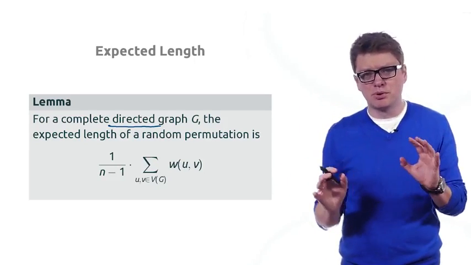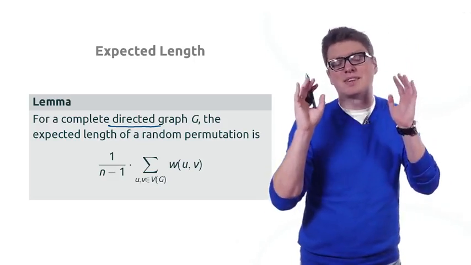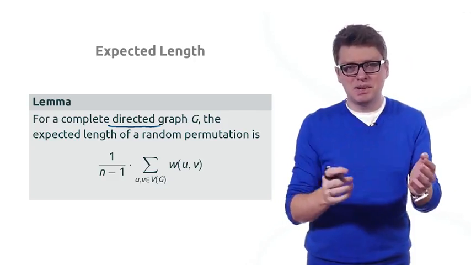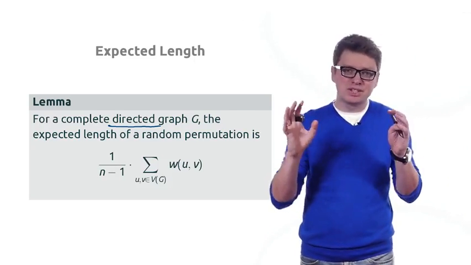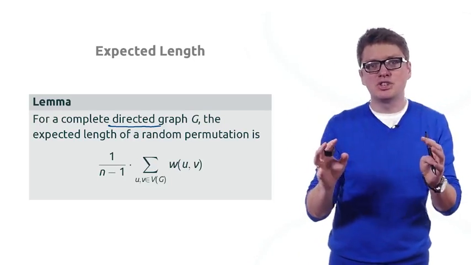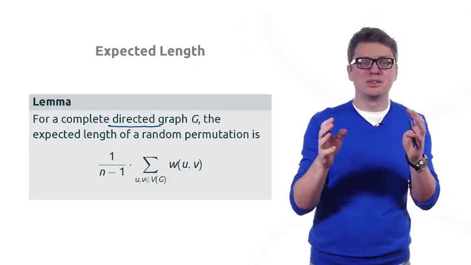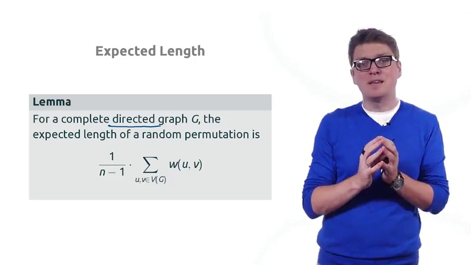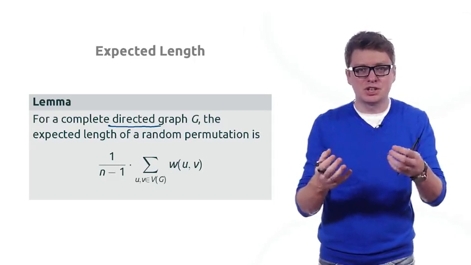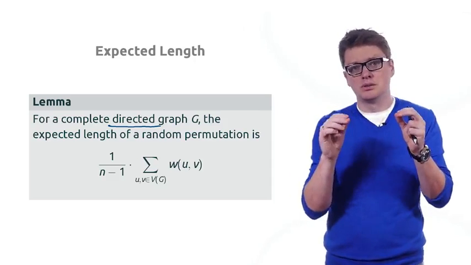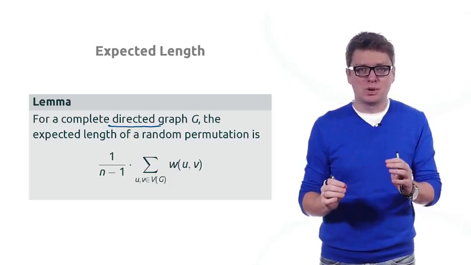Informally, this can be proved as follows. In a cycle, we have exactly n edges. And in a complete directed graph, we have n times n minus 1 edges. Since everything is symmetric, each edge has probability 1 over n minus 1 to be included into a random cycle, which means that for each edge, its contribution to the expected length is its weight divided by n minus 1.